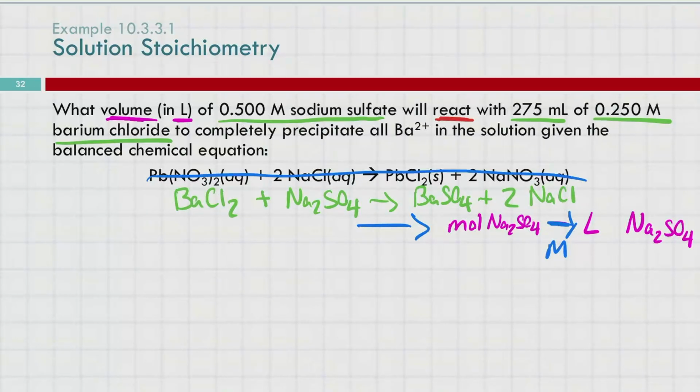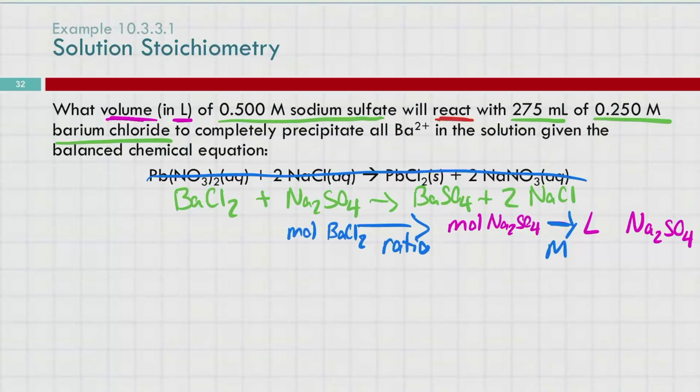what could we use to get moles of sodium sulfate? Moles of barium chloride. We have barium chloride, some numbers related to barium chloride given to us. So maybe it's barium chloride, maybe it's Maybelline. And we could do that conversion using the ratio from the balanced chemical equation.